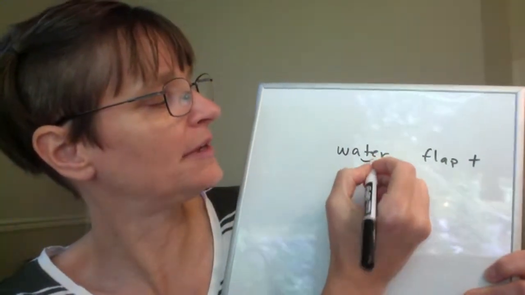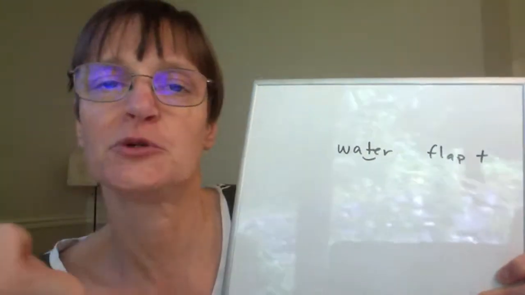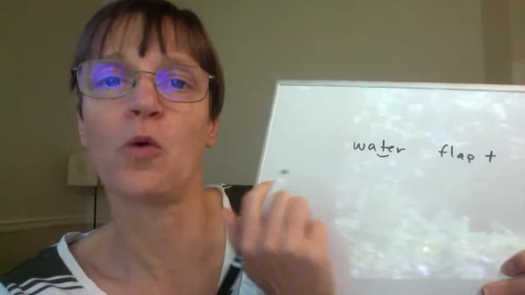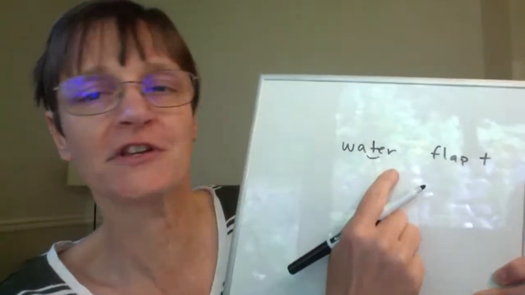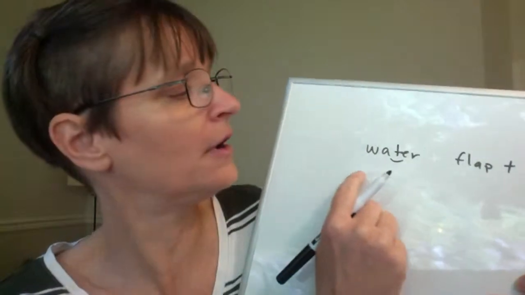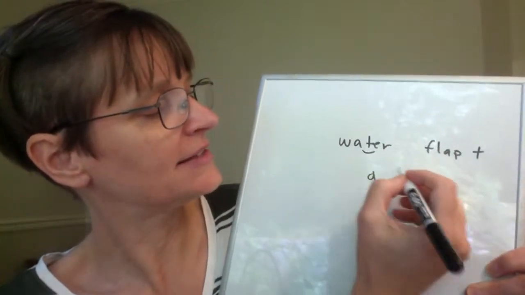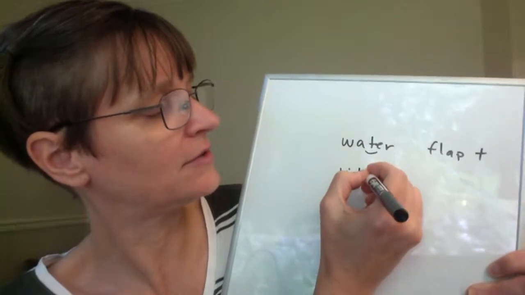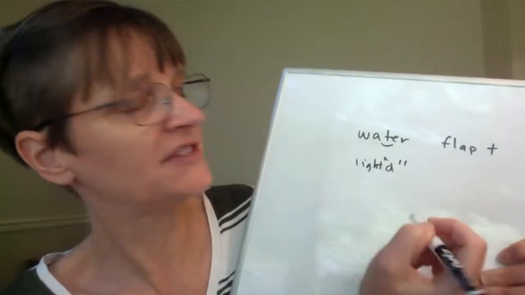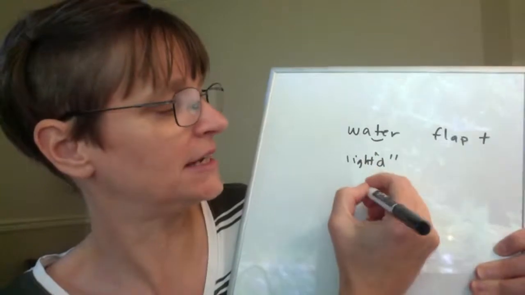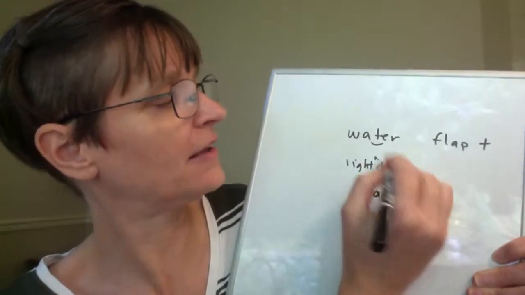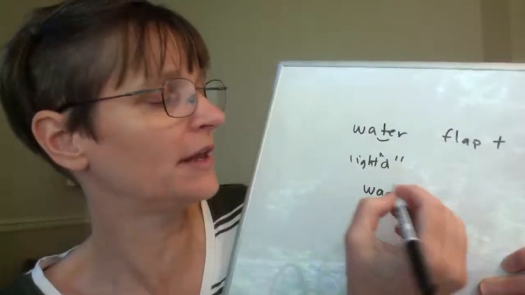For most people, it's making the difference between using an aspirated T like water versus using a flap T like water. What I like to think about it as kind of a light D sound. So I'm not saying water with a strong D, but I am voicing that T.